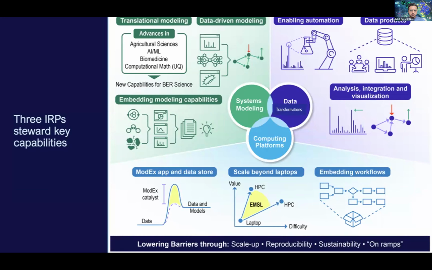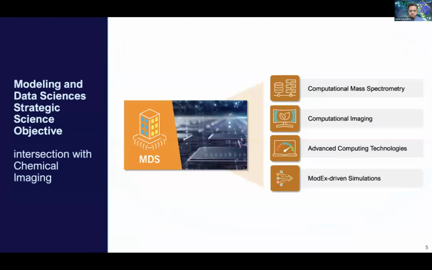And then the computing platforms IRP is going to center on making sure that the EMSL user community can fully leverage both the hardware and the software that are supported, developed, integrated into the different workflows available at EMSL. Next slide, please. Thank you.